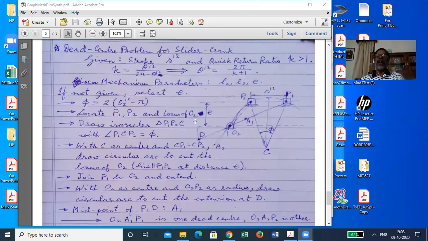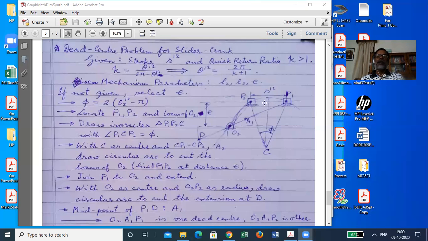So for that, actually you did not really need to do all these things, because from this side itself you could have done the job, because pi minus phi will be the sum of these two.